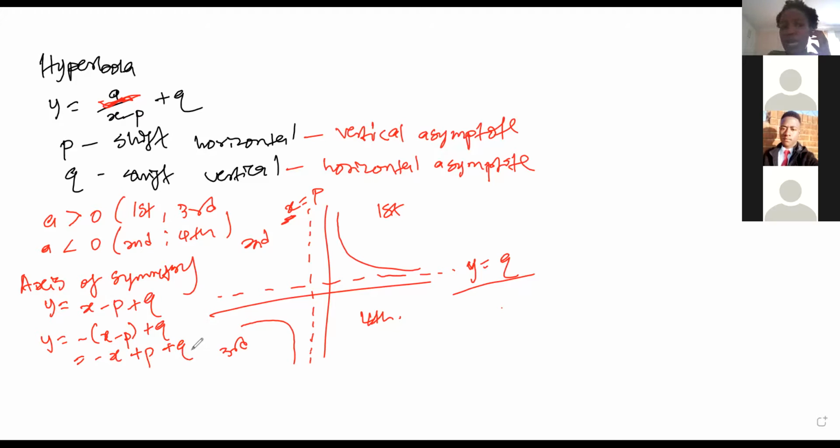So if you are asked for the equations of the axes of symmetry for a hyperbola, these are the ones you need to use.